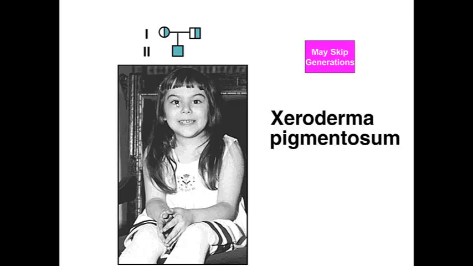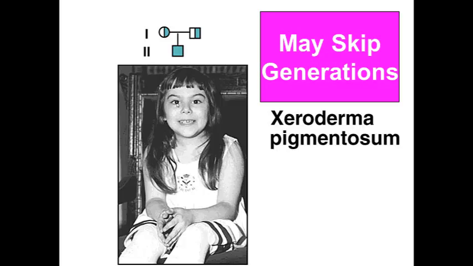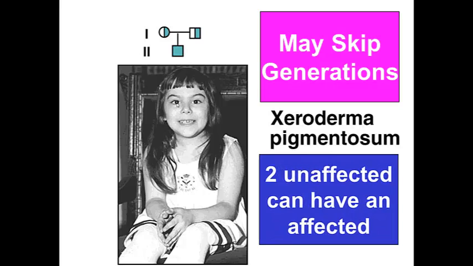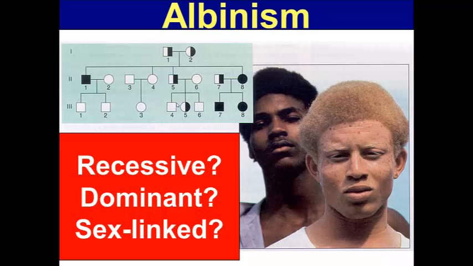Xeroderma pigmentosum, so that may skip generations. Two unaffected individuals can have an affected child. So this is recessive, and people can be carriers. Albinism, is it recessive, dominant or sex-linked?